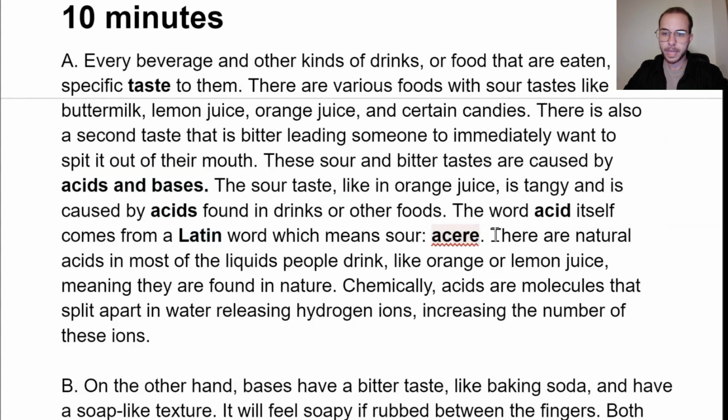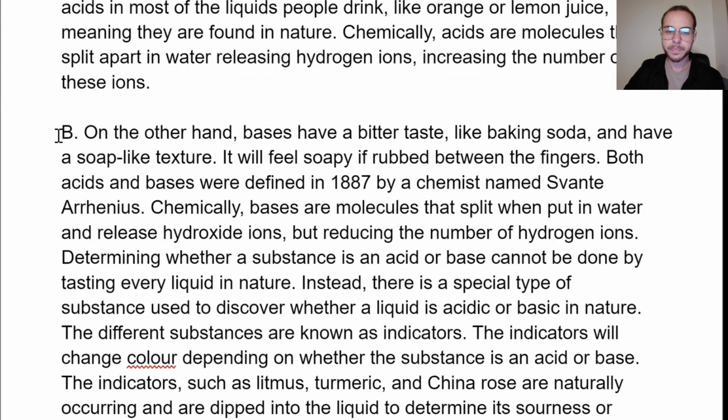Perfect. We found that answer. Okay. So I do remember there being one question about the Latin word of acid, and we found it here. But we're not going to answer yet. We'll keep reading. B, let's do the same thing.